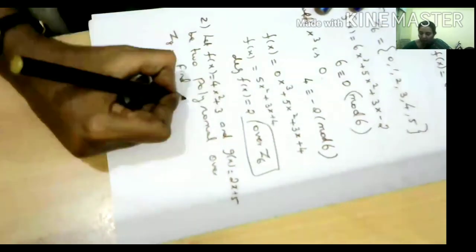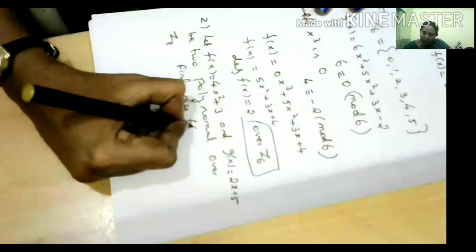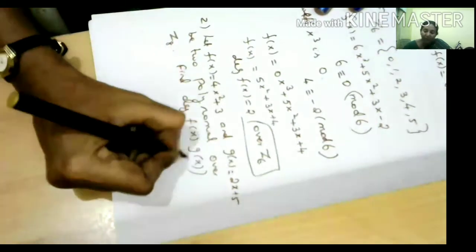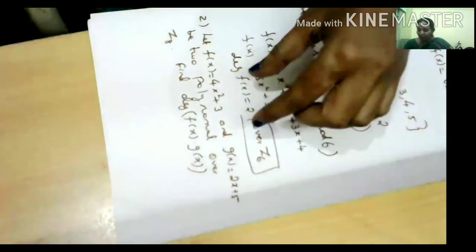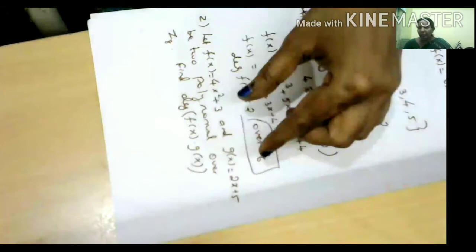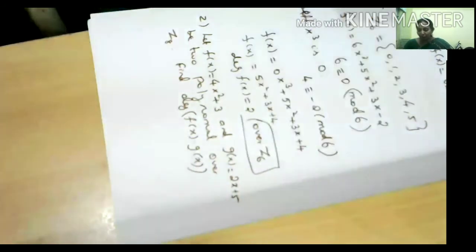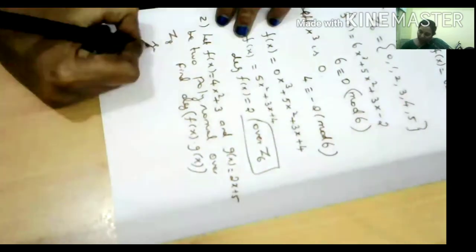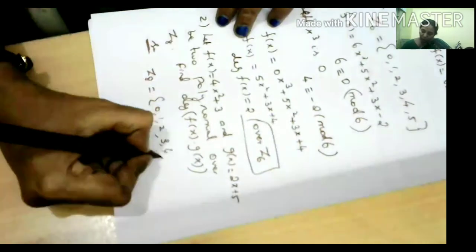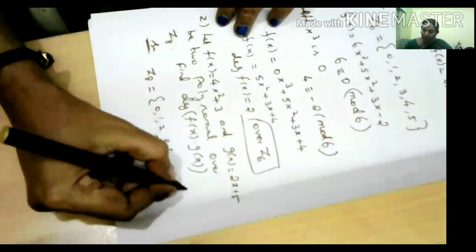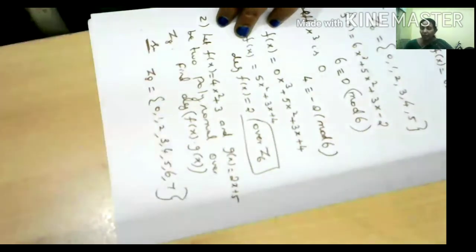Find the degree of f of x times g of x. Here two polynomials are given; we calculate f of x times g of x and then find its degree over Z8. Z8 is 0, 1, 2, 3, 4, 5, 6 and 7. It has 8 elements starting from 0.